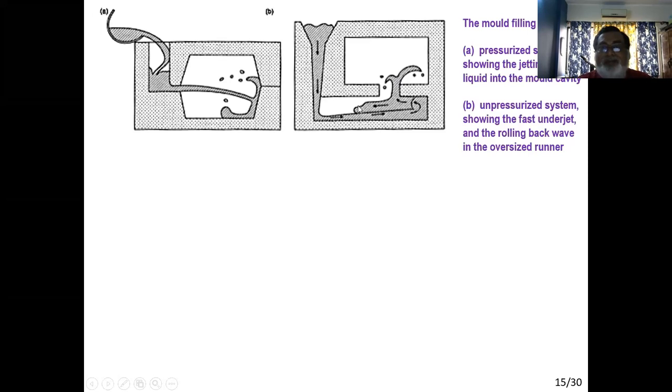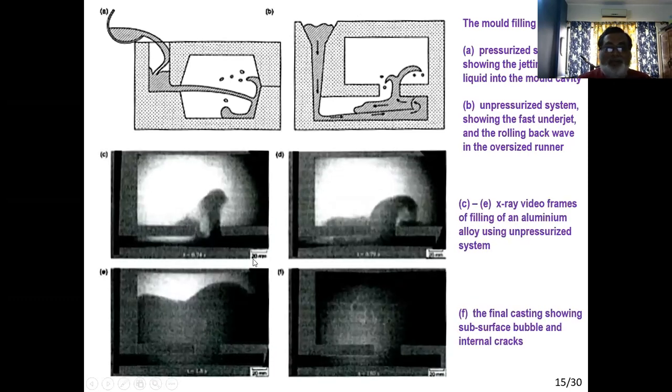Because of the backfilling, turbulence is generated, air will be mixed up with the liquid metal, and we'll have bad castings. So although it is a bottom pouring system, an unpressurized system will get bad results because of the design of the runner in this case. There is another example.